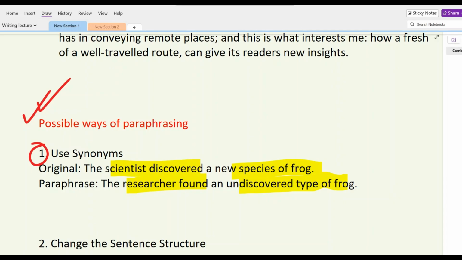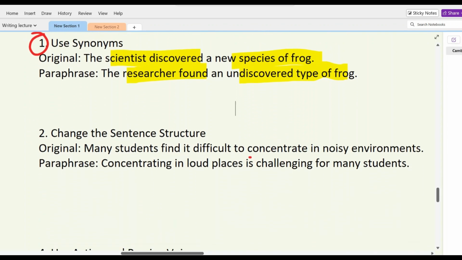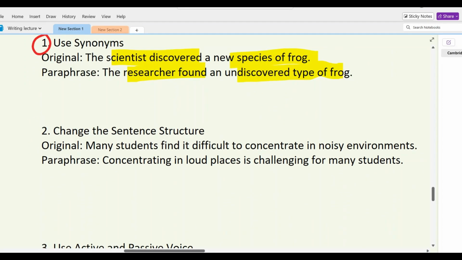By the way, now let me move to the second one: change the sentence structure. Original: many students find it difficult to concentrate in noisy environments. The paraphrased one: concentrating in loud places is challenging for many students.